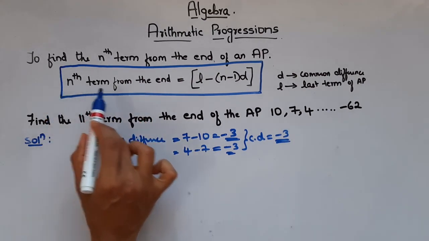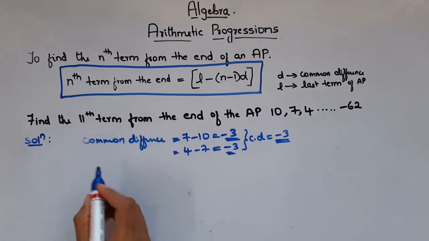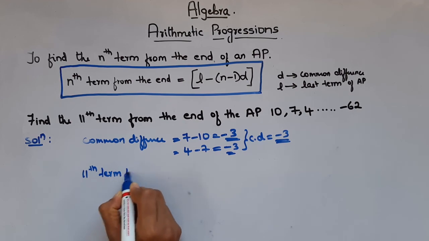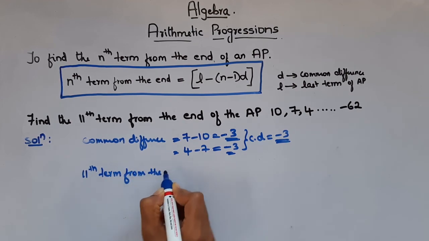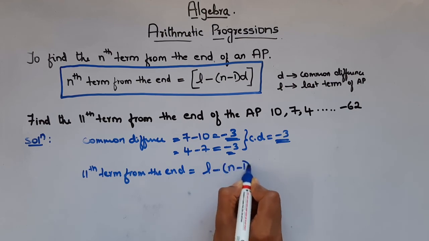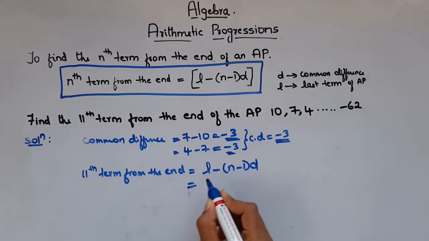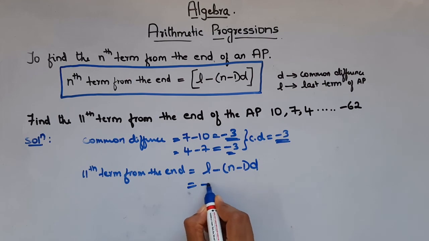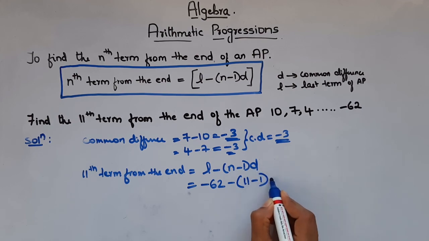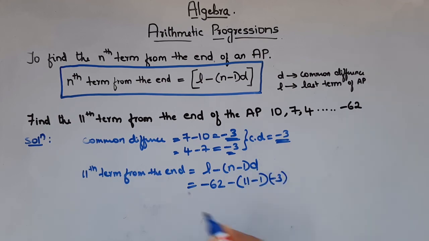We have nth term from the end. Here the n is 11. So 11th term from the end is given by L minus n minus 1 into D. Here L is your last term, which is nothing but minus 62 minus n is 11 minus 1 into D is minus 3, right?